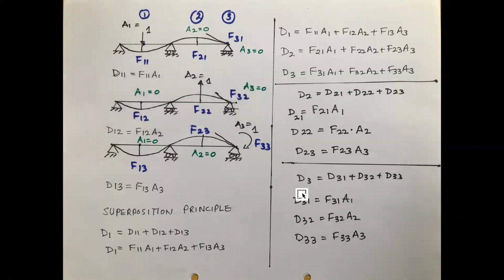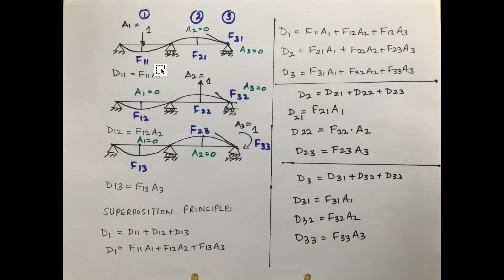So for your convenience, I have written all the coefficients. You can just have a look here. All the coefficients are written multiplying the actual force. Because ultimately we don't want to analyze for unit load. We want to analyze the structure for the actual loads.